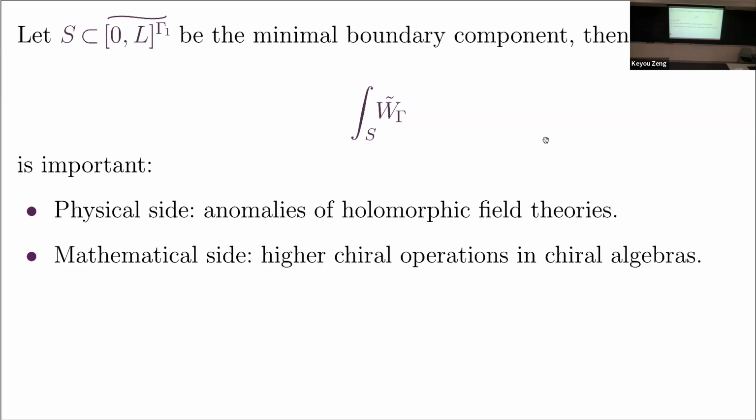This is well defined because this is a smooth differential form. So this quantity, on the physical side, is the anomalies of holomorphic quantum field theory. More precisely, this is the failure of the quantum master equation in Batalin-Vilkovisky quantization. On the mathematical side, this defines the higher operations in L-infinity algebras. Of course, these are also in the higher dimensional case.